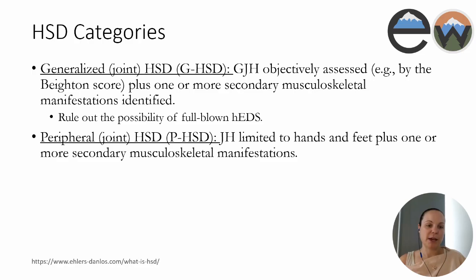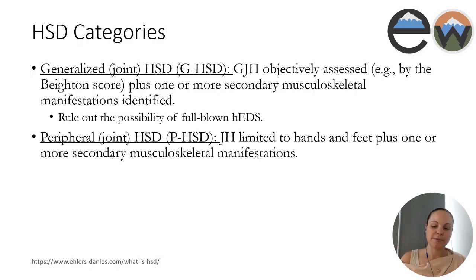We can use the Beighton score for this one. And this is where the connective tissue problem comes in. It's not just hypermobility, but we see one or more secondary musculoskeletal manifestations identified. So we see other things that might also be present, whether it's chronic pain associated with this, or we can sometimes see some systemic issues as well.